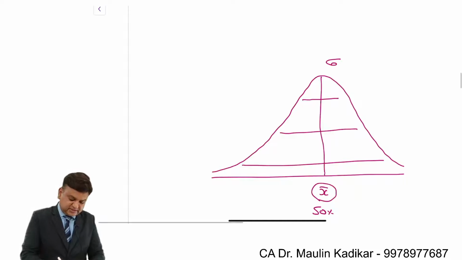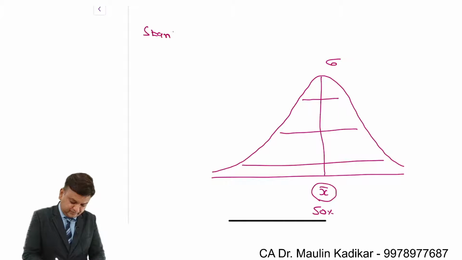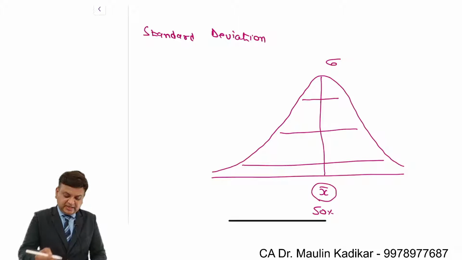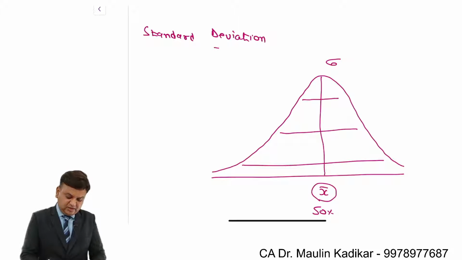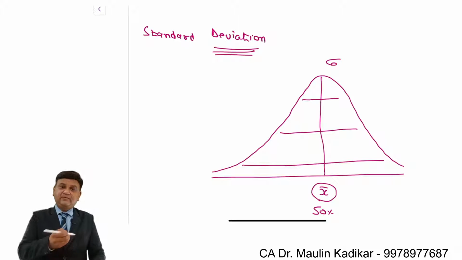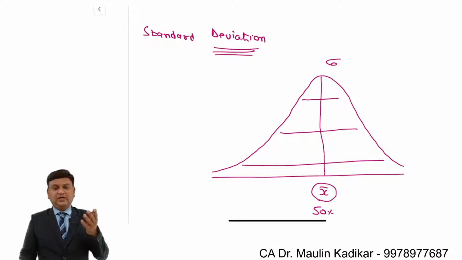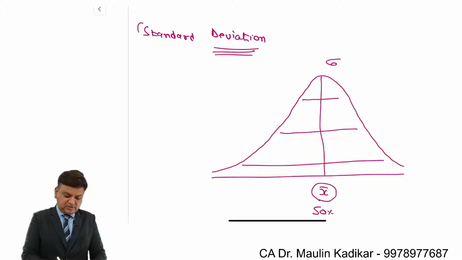That is what we understand as the standard deviation. So it indicates the amount by which the actual result may deviate from the mean value, which is called standard deviation.